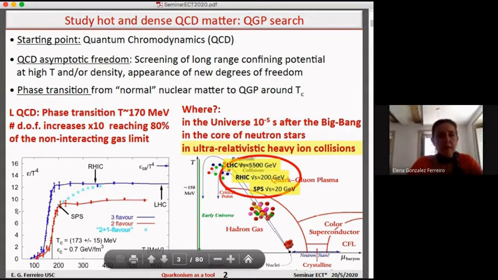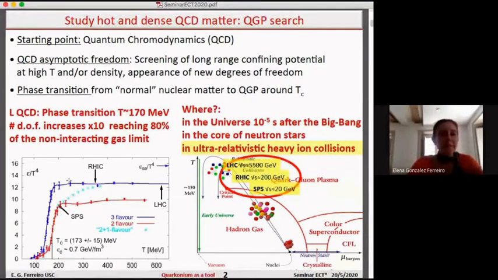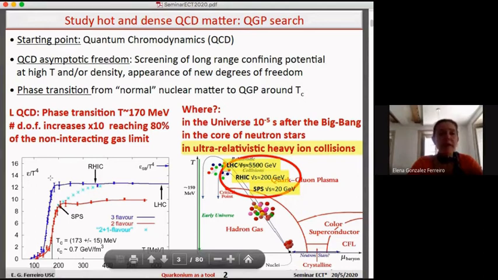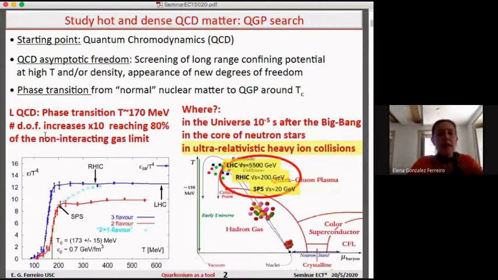It's more or less what is explained in this figure, where you can see the energy density over temperature versus the temperature. You can see that around a critical temperature of 170 MeV, lattice QCD calculations obtain a number of degrees of freedom that increases even to the level of, or close to, the one of a non-interacting gas limit.